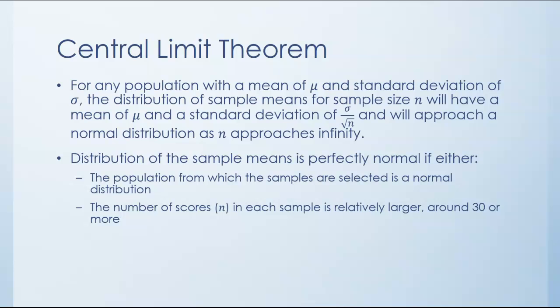The number of participants in each sample is relatively large, 30 or more is what we tend to say. So if we have sample sizes of 30 or more, when we get all of those samples and average them together, then that graph should be fairly normal.